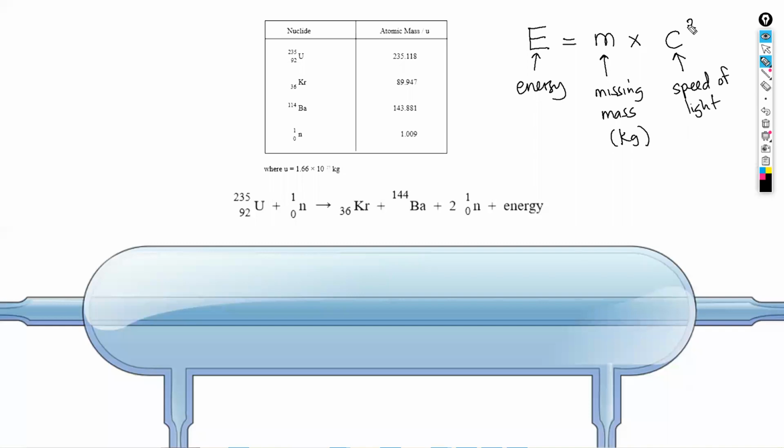And in case you didn't know, the squared only belongs to the letter c. And the speed of light, I think you should try to memorize this value: 3 multiplied by 10 to the power 8 meters per second. As you all know, light moves very, very quickly.